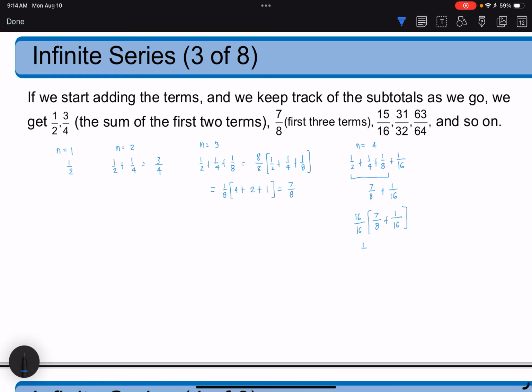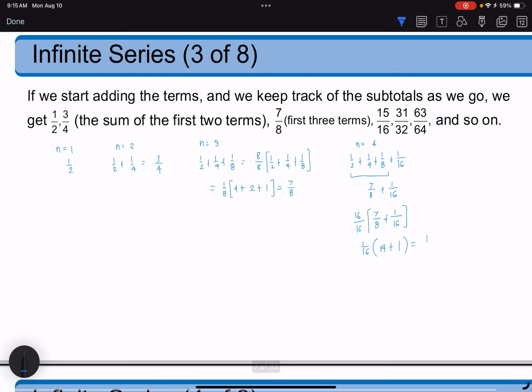So we have 1 over 16 times: 16 divided by 8 is 2, times 7 is 14, plus 16 over 16 is 1, times 1 is 1. So we have 15 over 16. As n increases, the next sum would be 31 over 32, and after that 63 over 64, and so on.